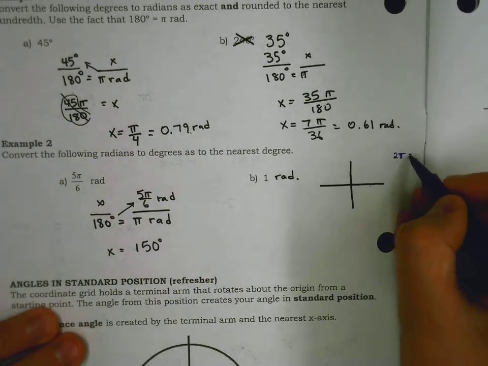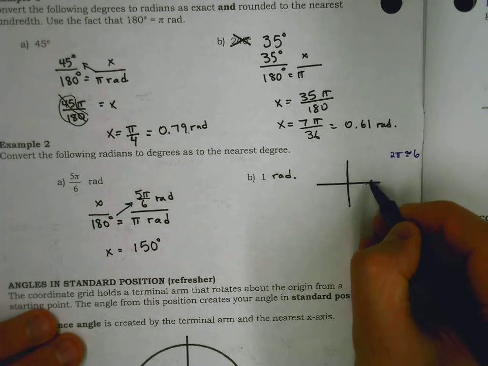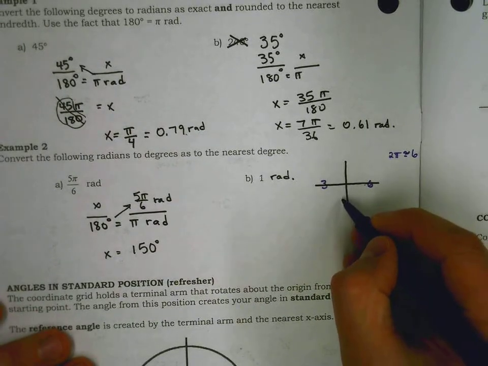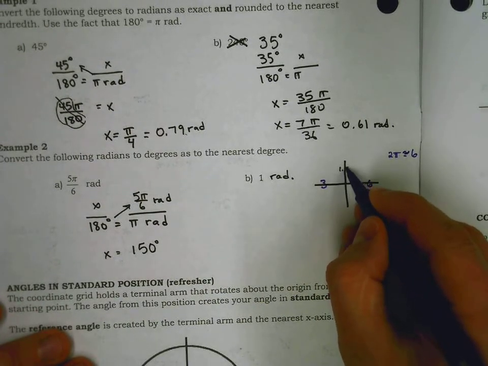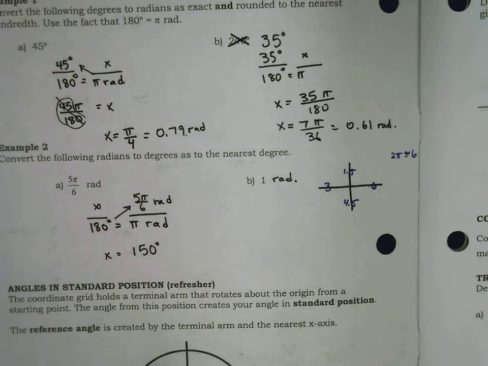That's very close to a 6. So a full rotation is about 6. A half rotation is about a 3. A quarter rotation is about 1.5, which makes 3/4 of a rotation about 4.5. At least it's pretty close to that.